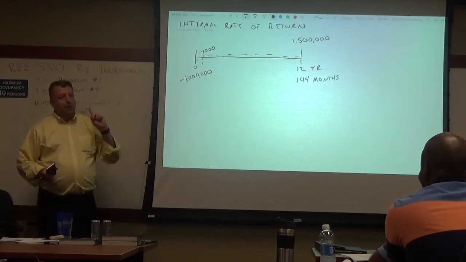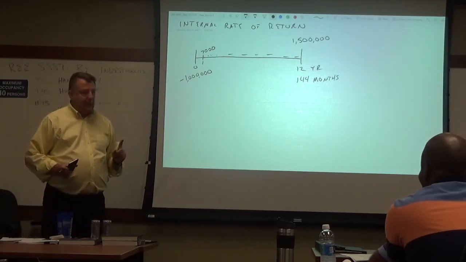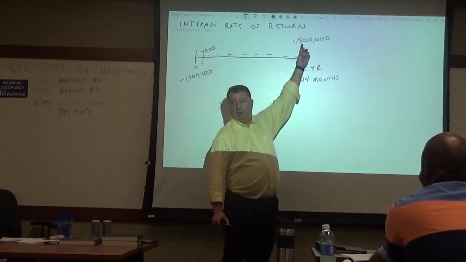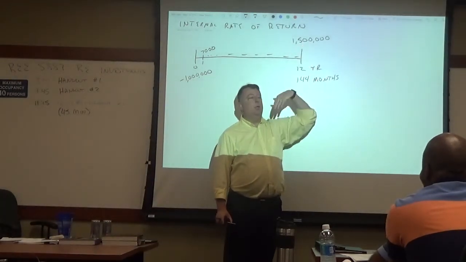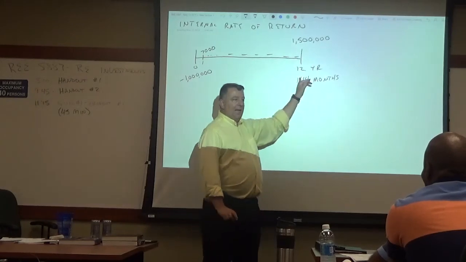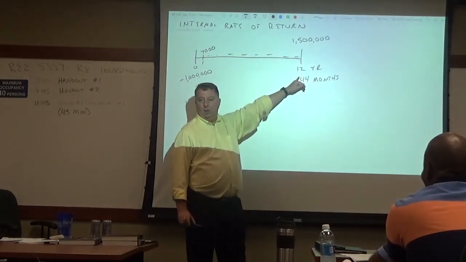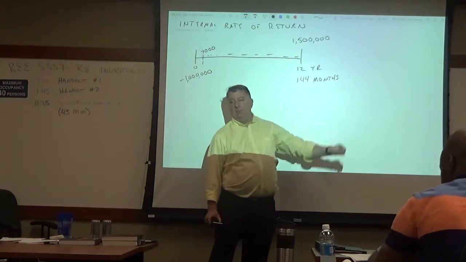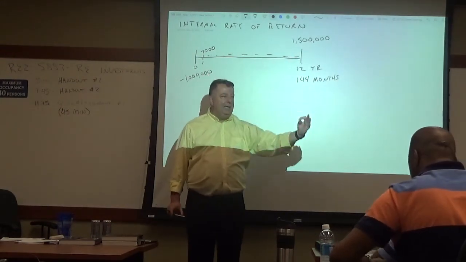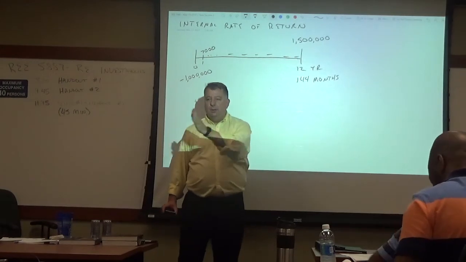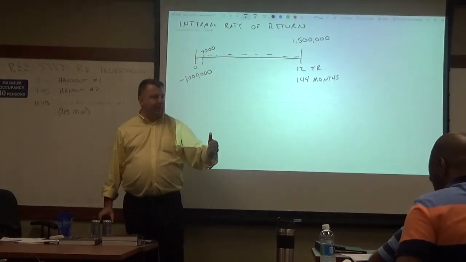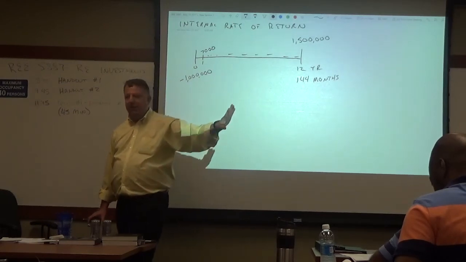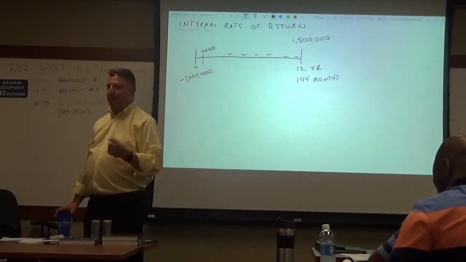Okay? But we also have what we call the reversion value. In other words, what we're selling the property for at the end of this 12-year period. And we're getting 1.5 million, so that's going to add a little bit of something to that 8.4%. Does that make sense? Just doing basic math, not trying to do time value of money math. I'm just trying to get your brain wrapped around it.